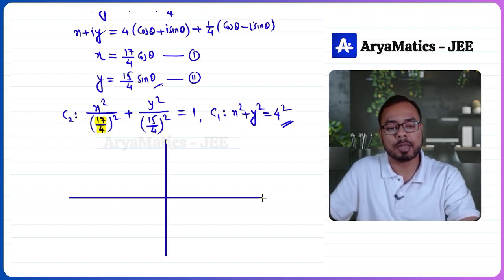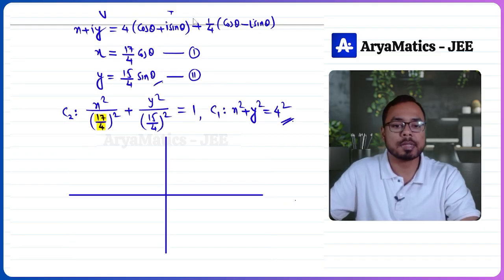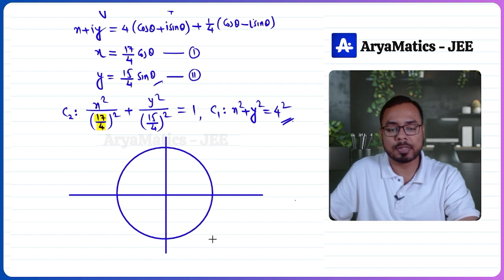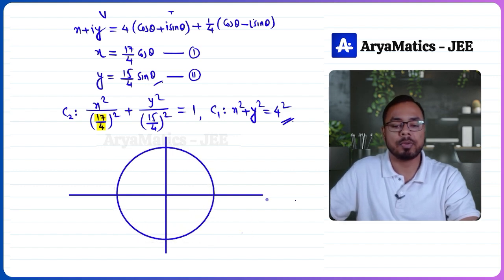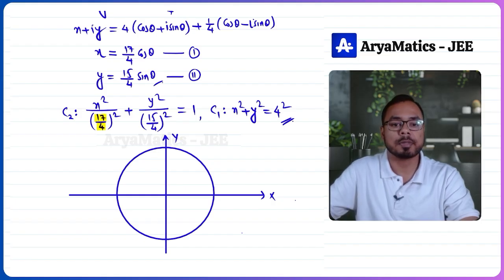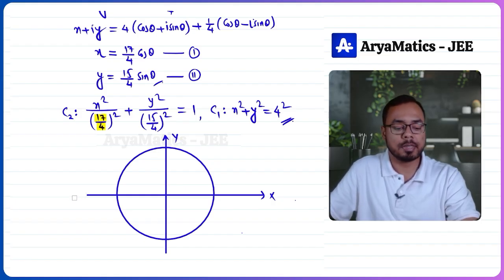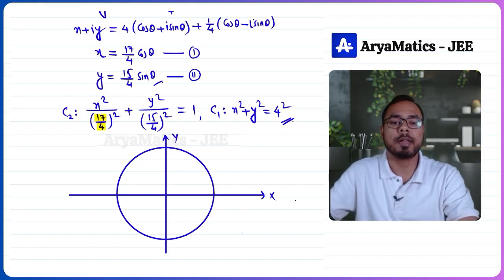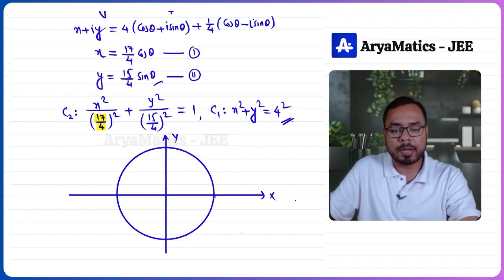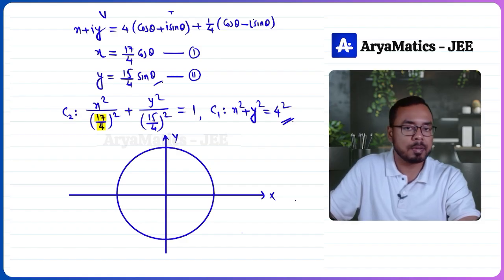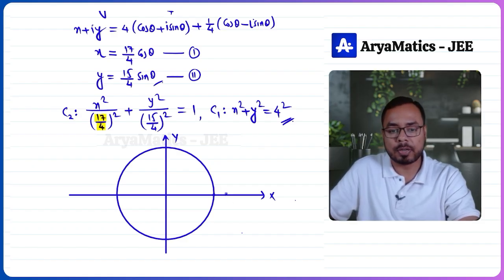So let us plot their graph. The circle is x square plus y square equals 4 square, so it will have its center at the origin and radius 4 units. This is our x-axis and this one is the y-axis. So this is the circle that we are getting. Now for the ellipse, you can see that for the circle the radius is 4 units, and for the ellipse the vertex is at 17 by 4, so it will be passing through this point, right?